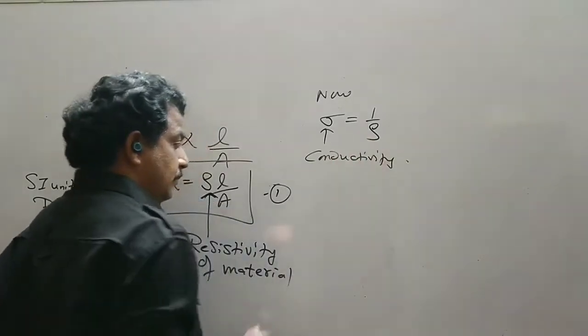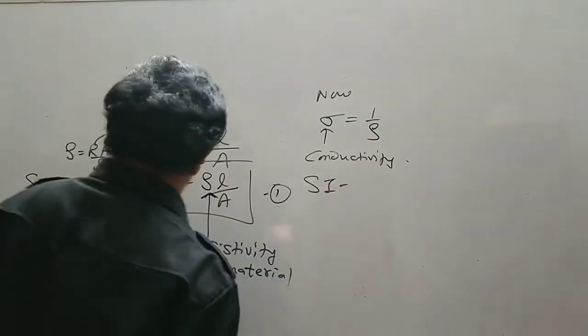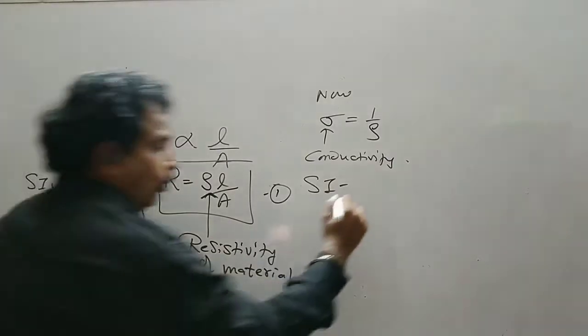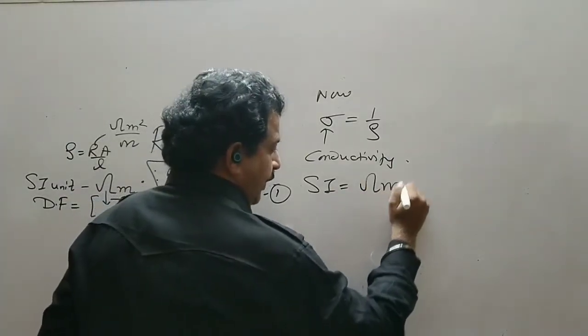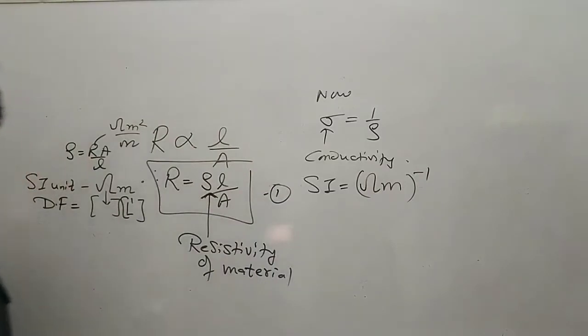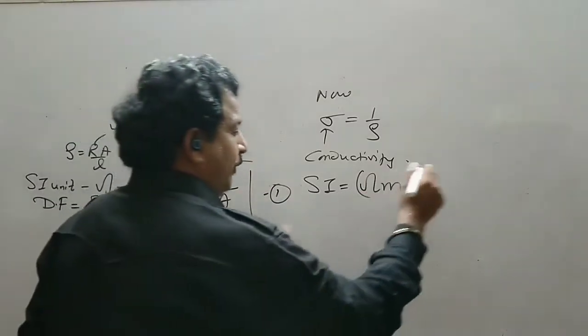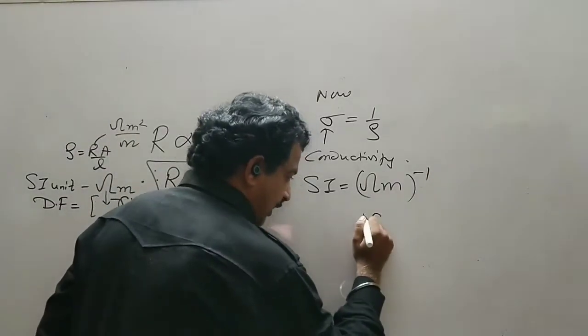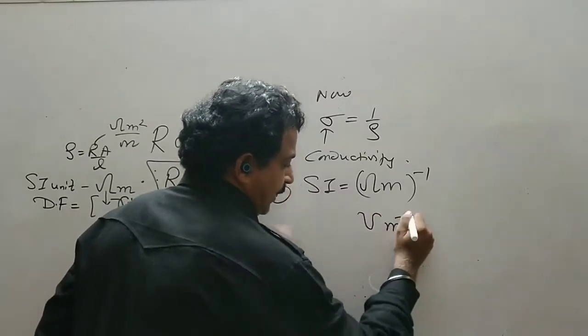Now, SI unit. So either I can write ohm meter inverse, that is its reciprocal, or ohm inverse is written as mho, inverted omega, meter inverse.